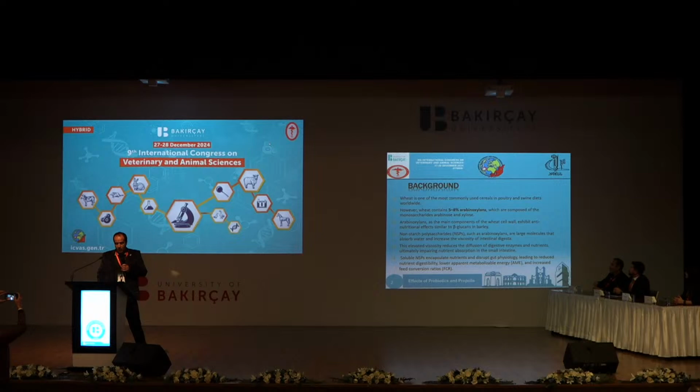Arabinoxylan, as a main compound of the wheat cell wall, exhibits an anti-nutritional effect similar to beta-glucan in barley. Non-starch polysaccharide, such as arabinoxylan, is a large molecule that absorbs or traps water and increases the viscosity of intestinal digesta.